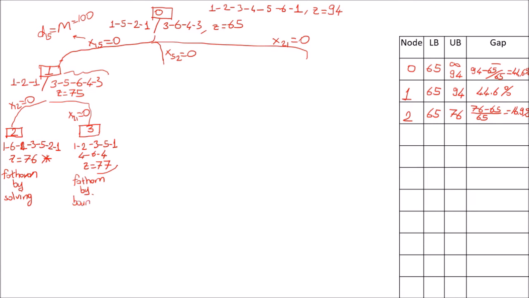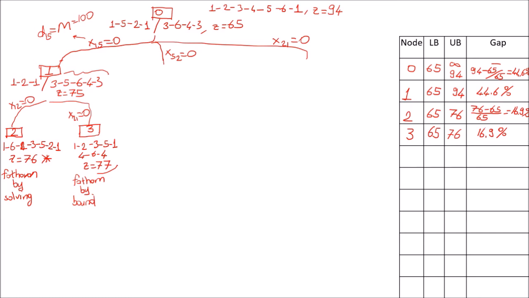Okay, so for this node, node 3, the lower bound is still 65 because of the parent, because of the root node, and the upper bound is still 76, and the gap value is 16.9%.